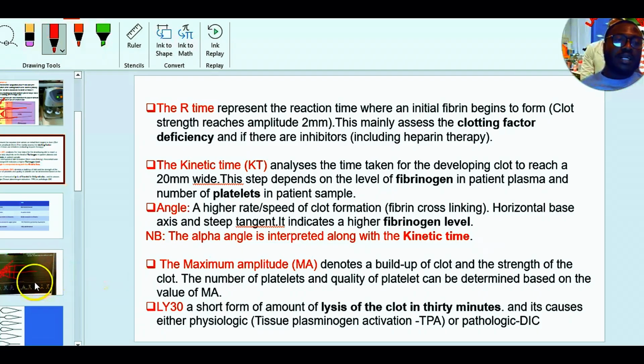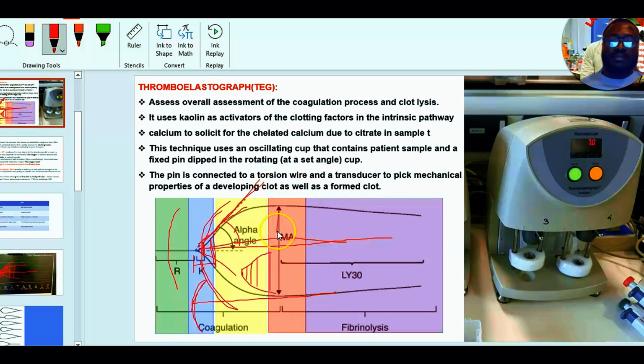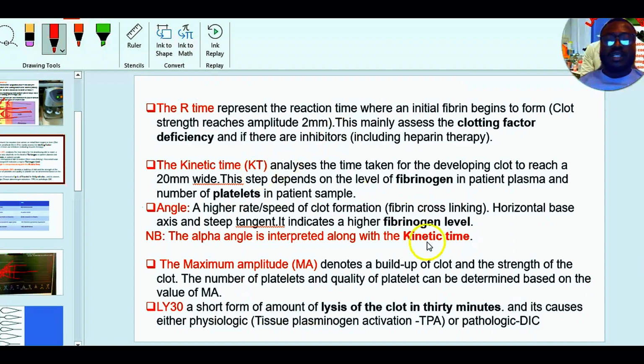From the time that the maximum amplitude is recorded, the lysis that occurs within the next 30 minutes is what we call the lysis at 30 minutes, and that is under fibrinolysis. This occurs physiologically with tissue plasminogen activator.